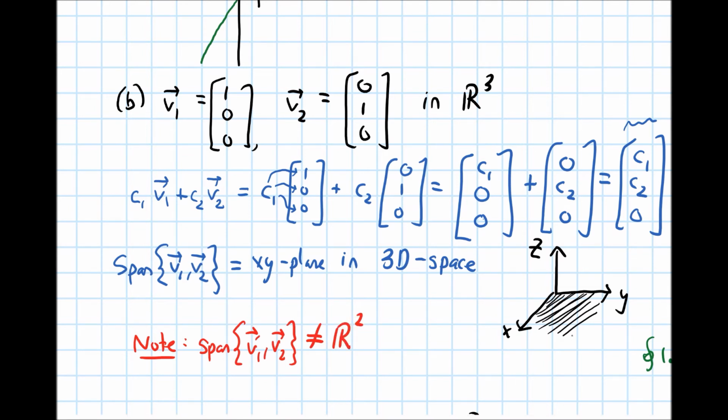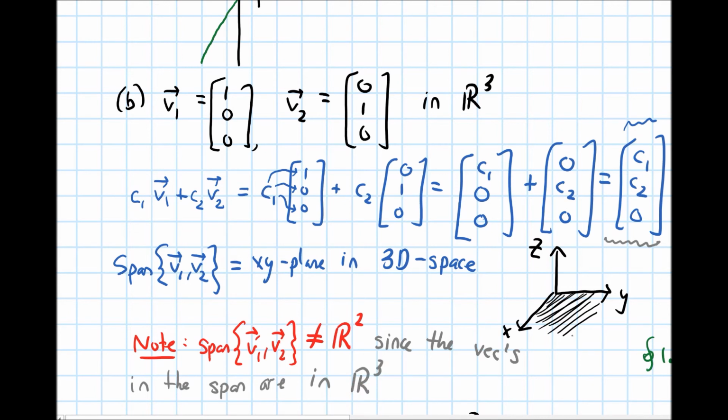And the reason for that, this is a really common misconception, is that all the vectors that we have in the span, so all of these guys, they're in R3.